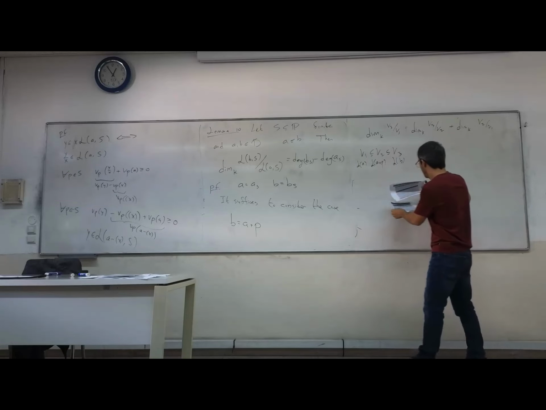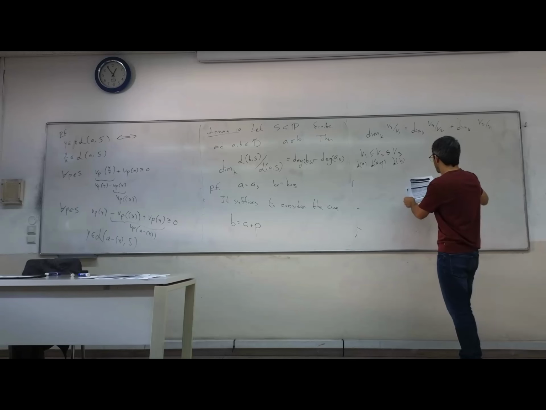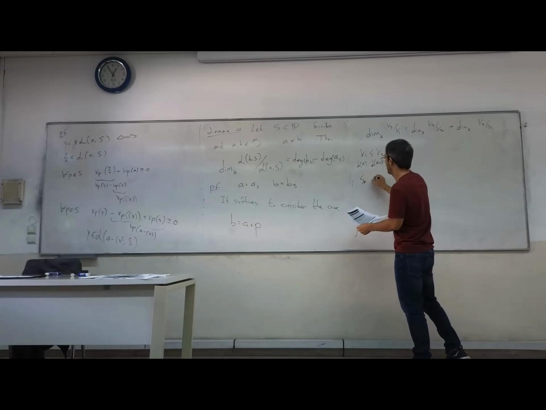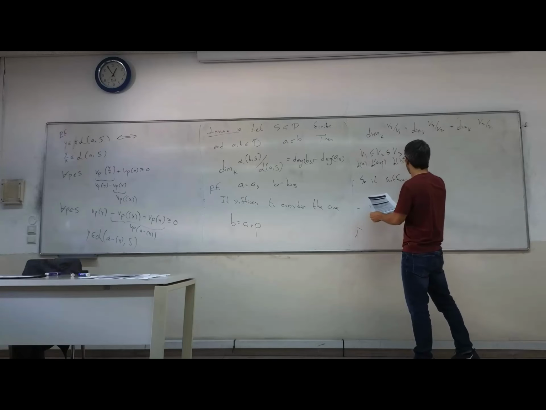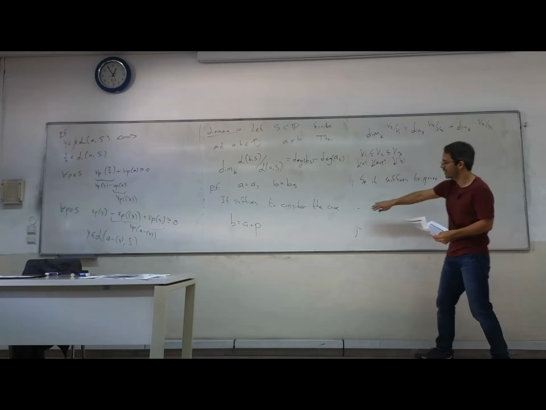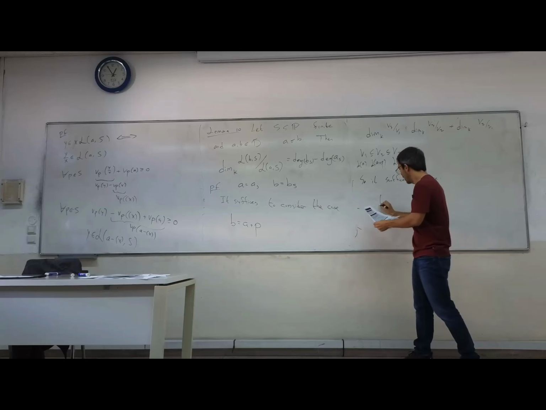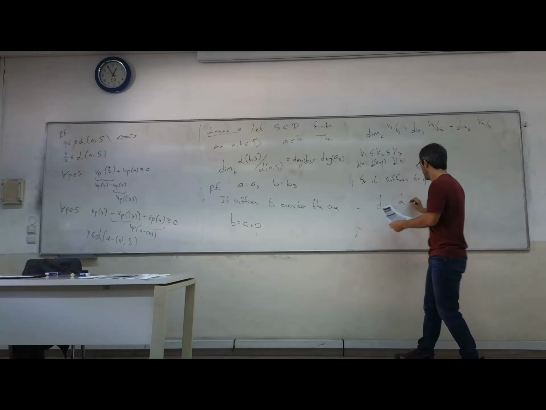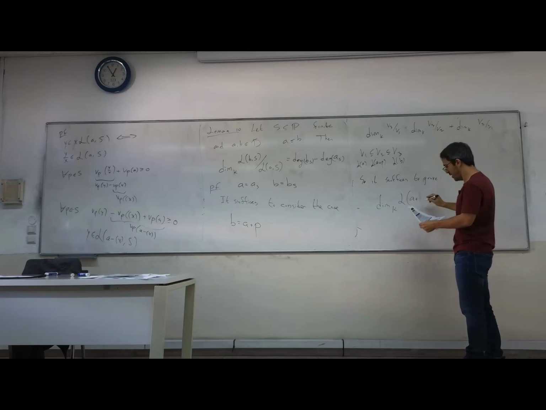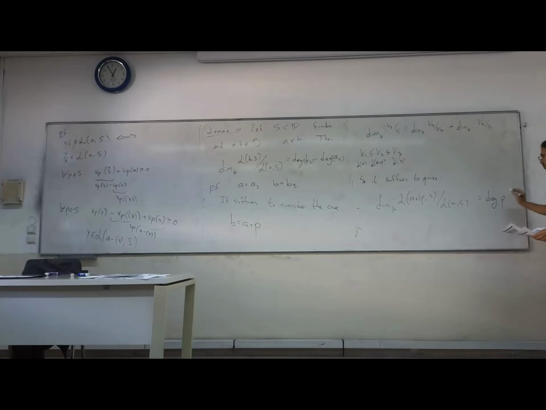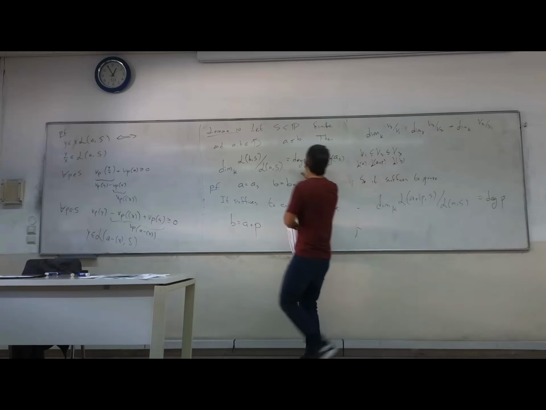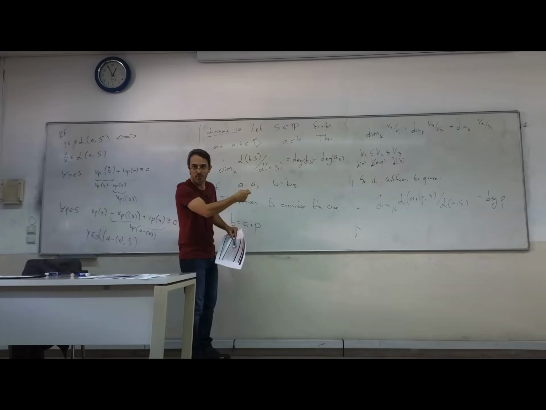So it suffices to prove the following. I want to prove that the dimension of A plus P over A is the degree of P. This is the special case of what I want to prove for the case where B is A plus P, because then the difference between the degrees is just 1 times the degree of P.